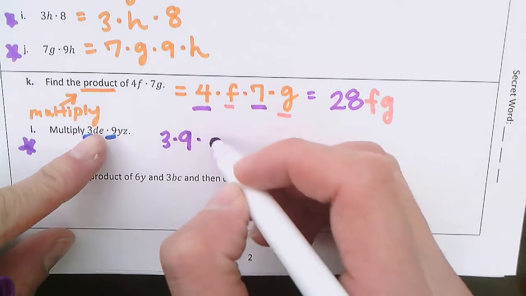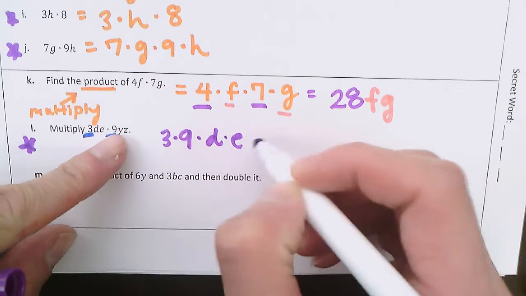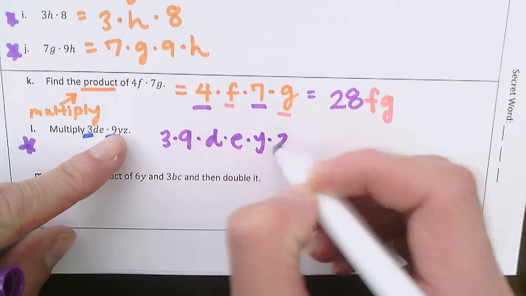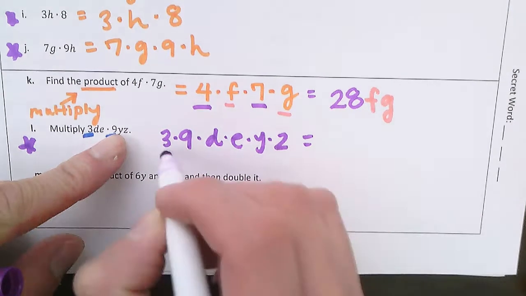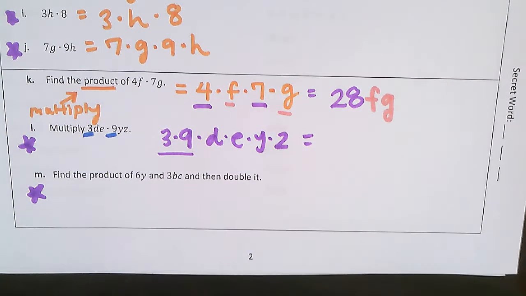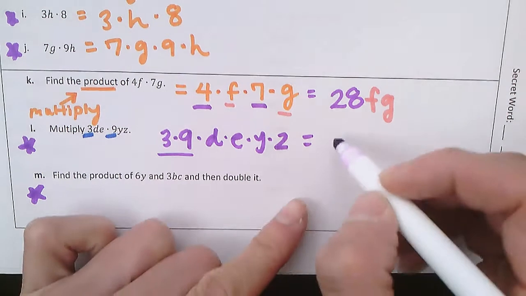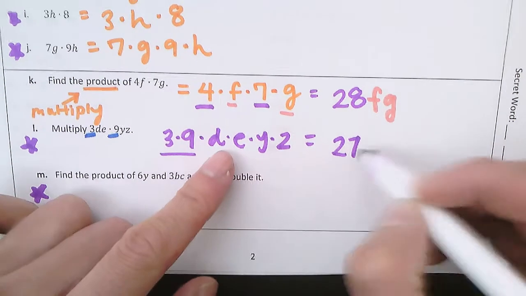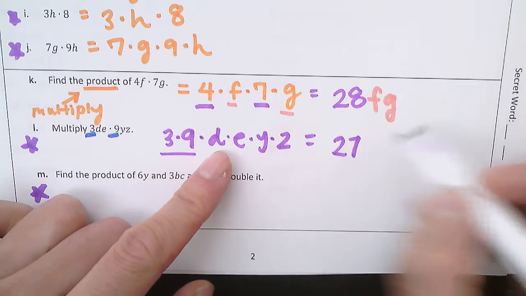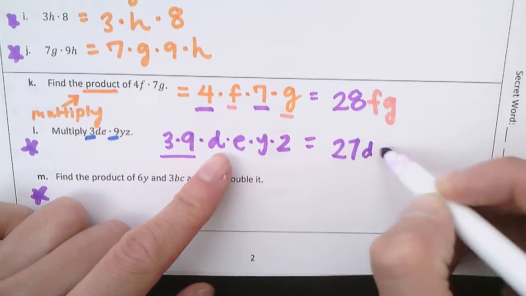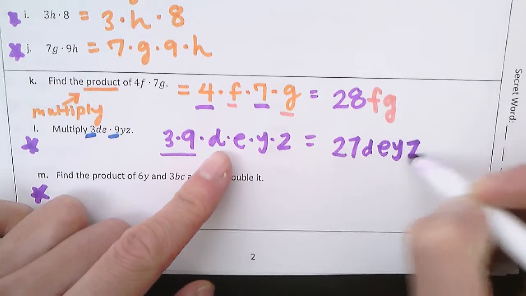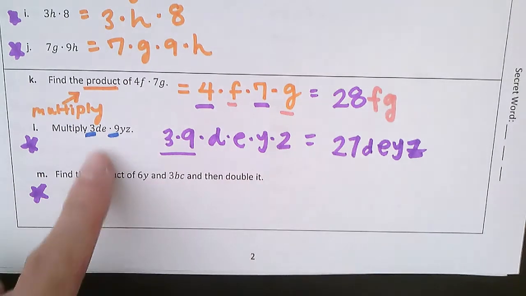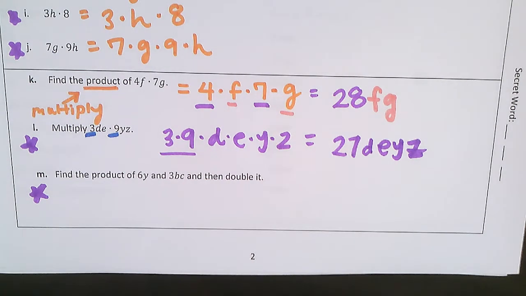So we'd have d times e, times y times z, all this together. 3 times 9 is 27, so we'd have 27, and then all the variables, we can just list it, which will mean multiplying together. 27dyez. That's the same thing as these two terms multiplied together.